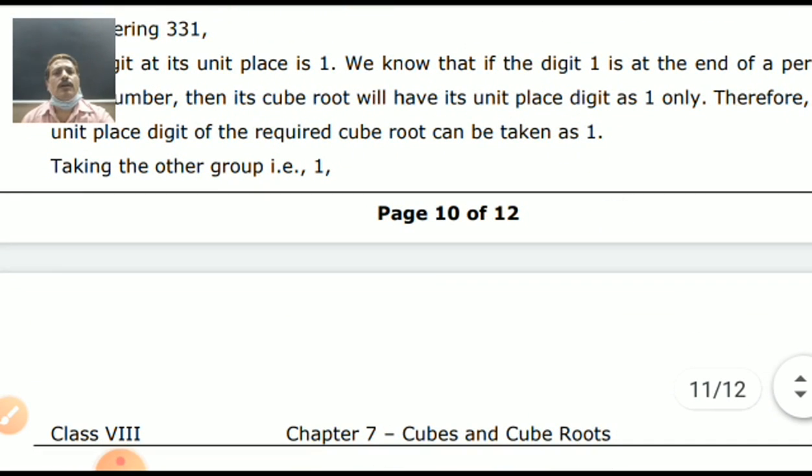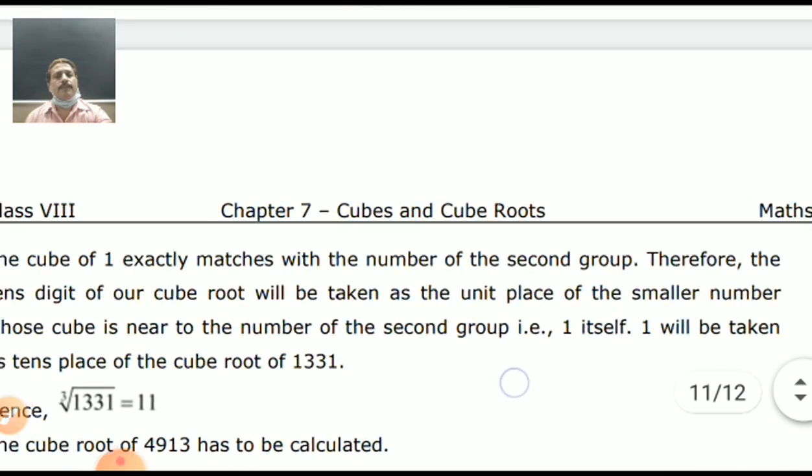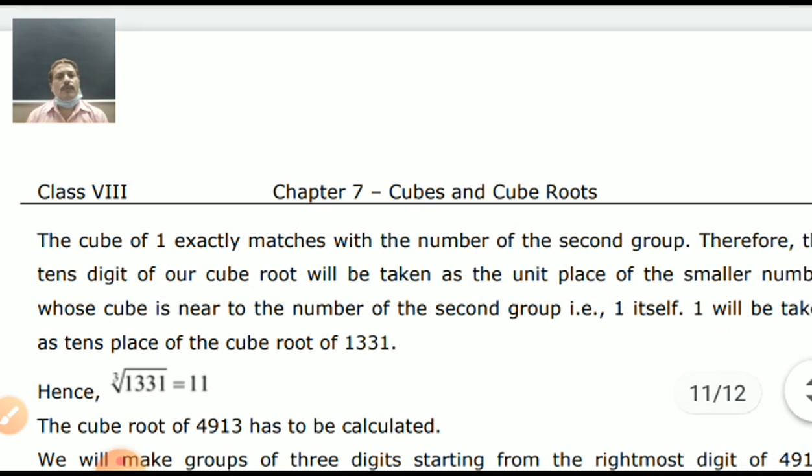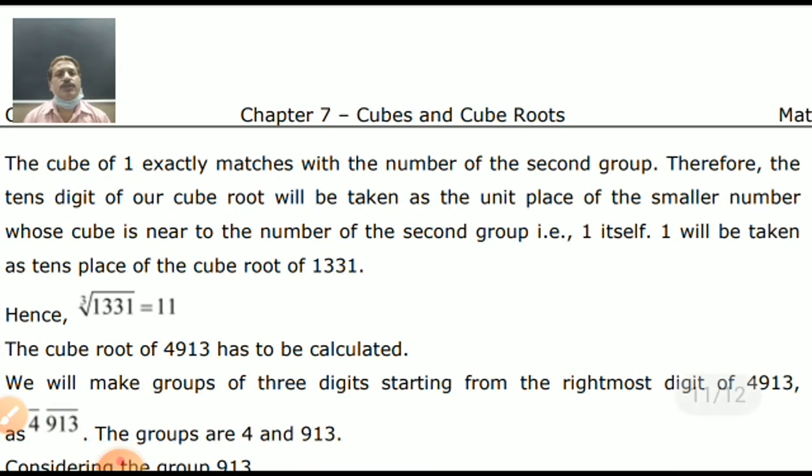Therefore, taking the other group, 1: the cube of 1 exactly matches the number of the second group. Therefore, the tens digit of our cube root will be the number whose cube is near to or smaller than the number of the second group, that means 1 itself.